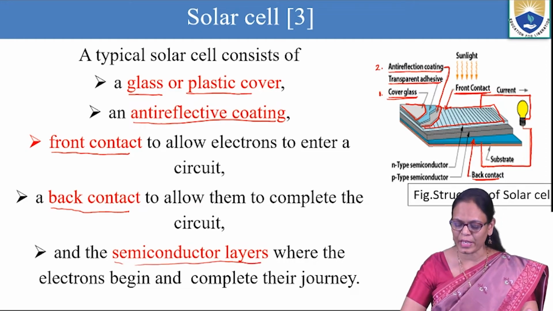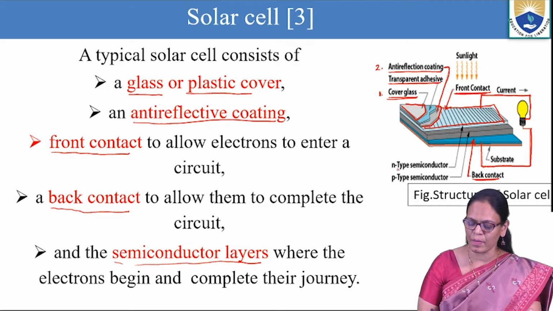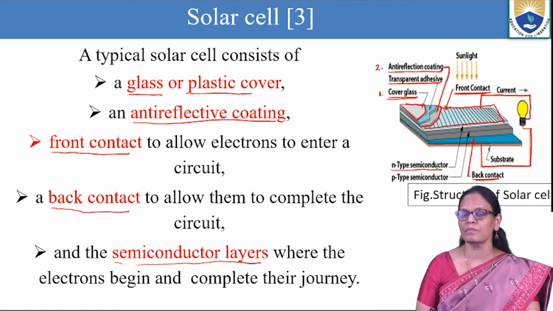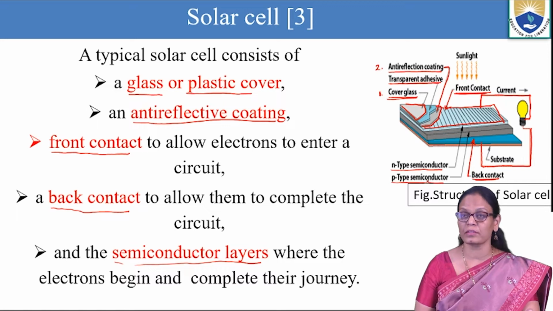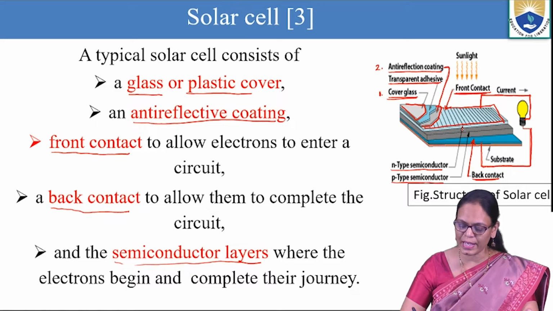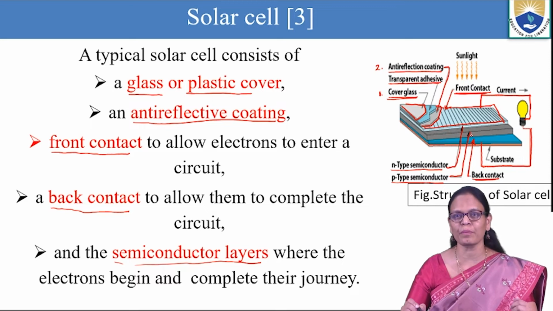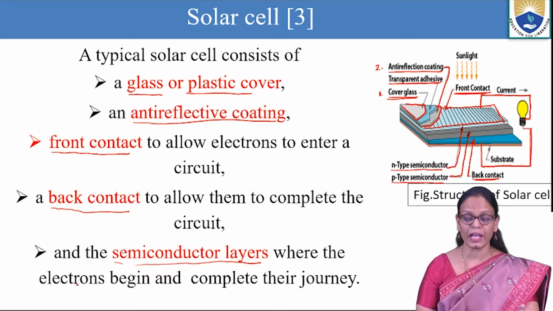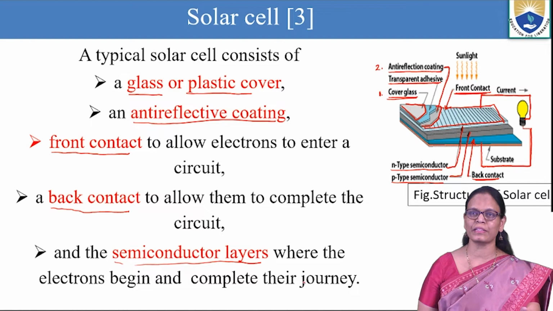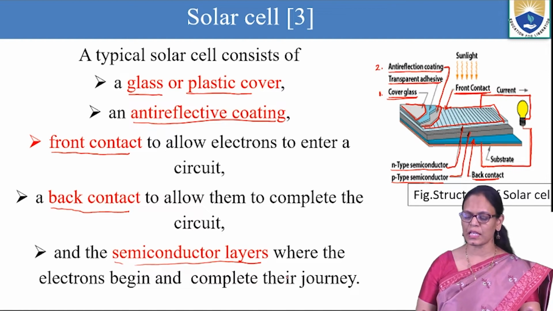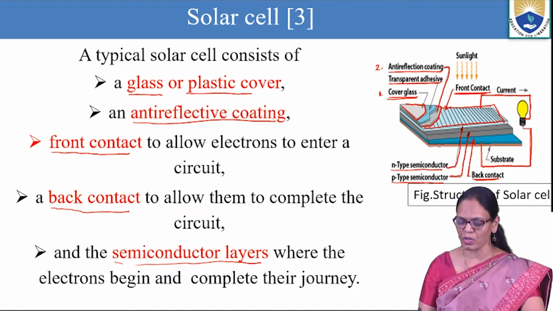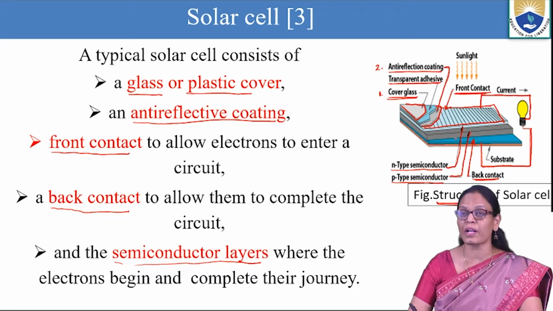What we are seeing here is the N-type semiconductor and the P-type semiconductor. One is this and the other is this. Two layers we have, N-type and P-type, where the electrons begin and complete the journey. So this is the entire structure of the solar cell. Different parts are very clear in the diagram.